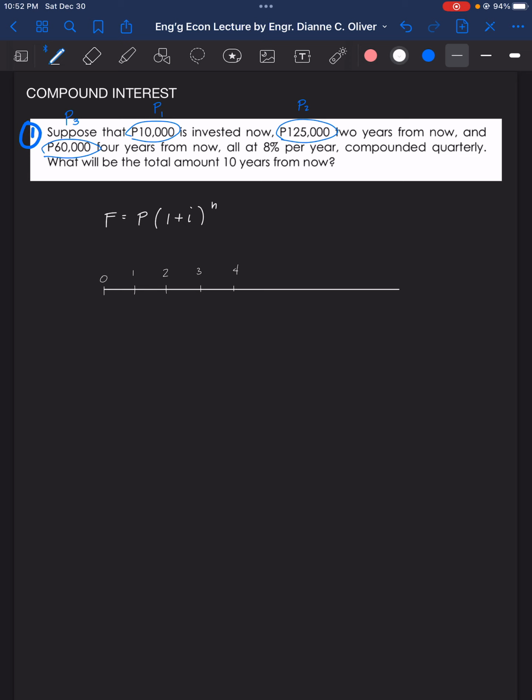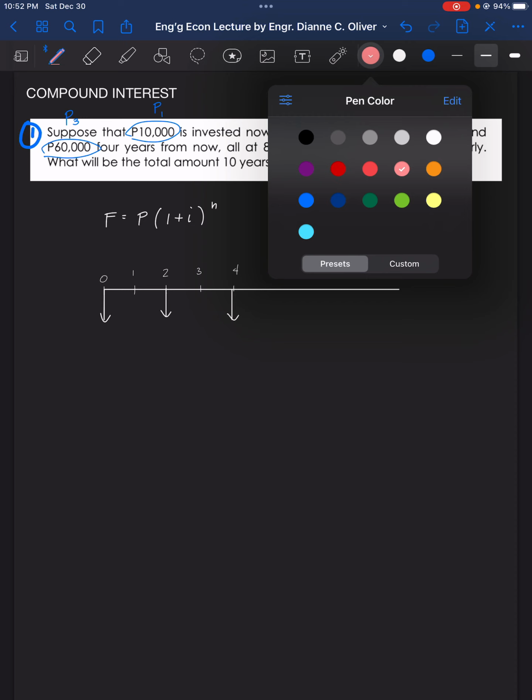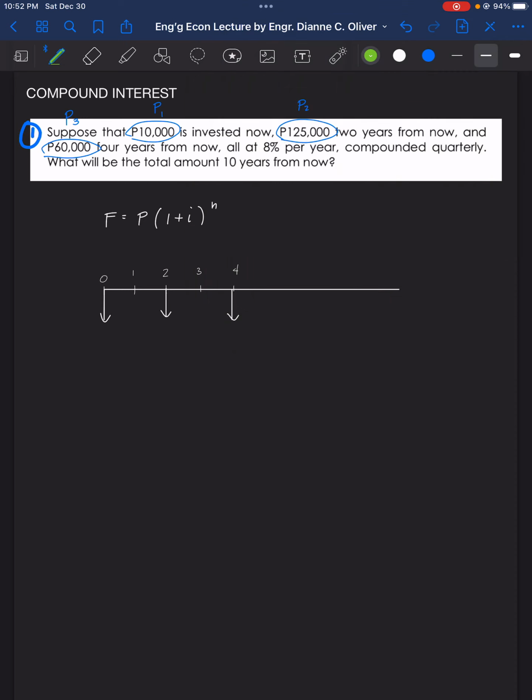So we have 3 principal amounts at now or year 0, at 2 years from now, and 4 years from now. So we need to find the value for the total 10 years from now. So that will be in 10 years.